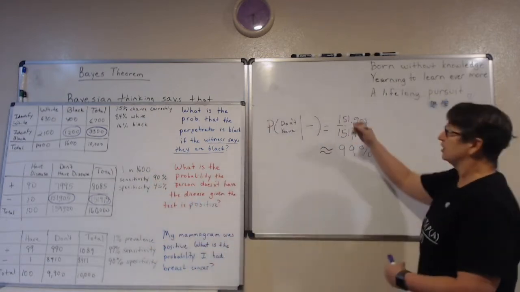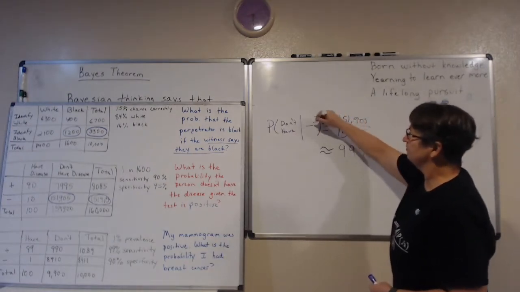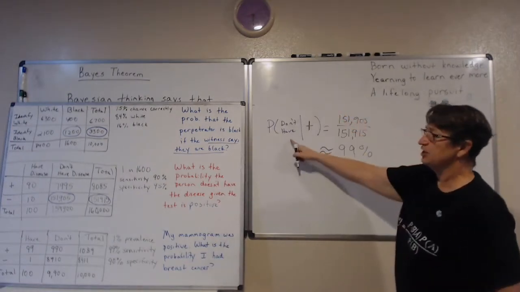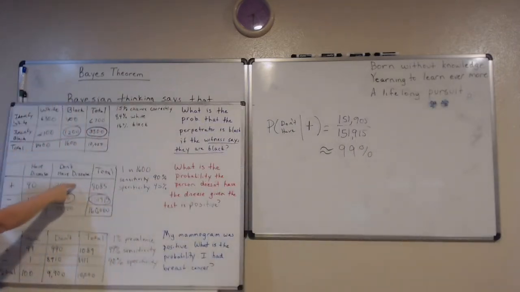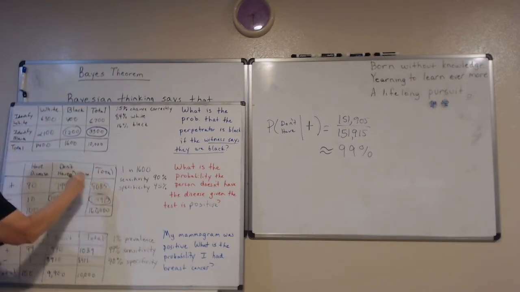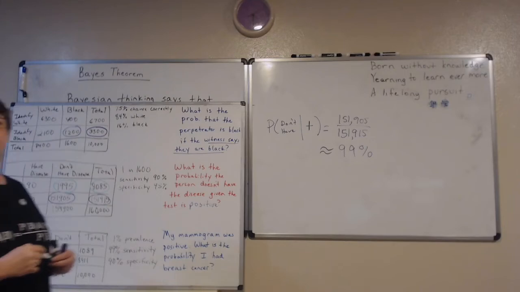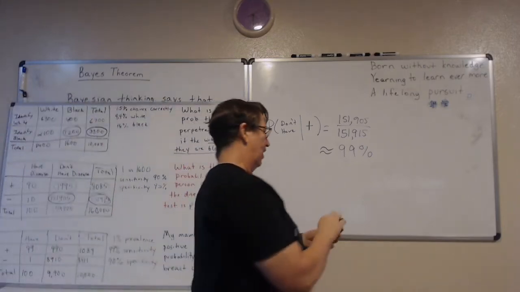So I'm going to make this a positive. It's still don't have, and you're right, it changes from here, and then it's got to be the ones that are positive and don't have it. So both my denominator and my numerator become that part. You're exactly right.